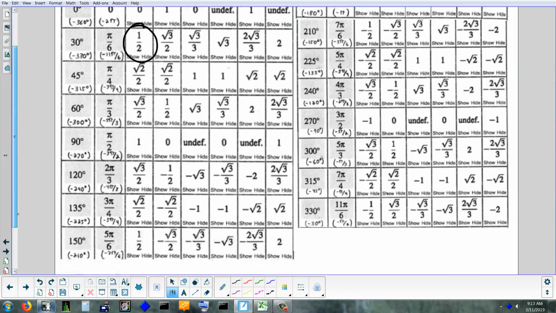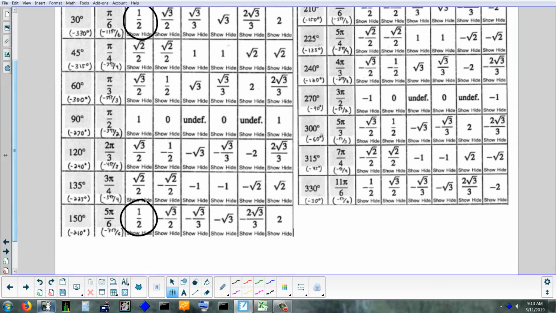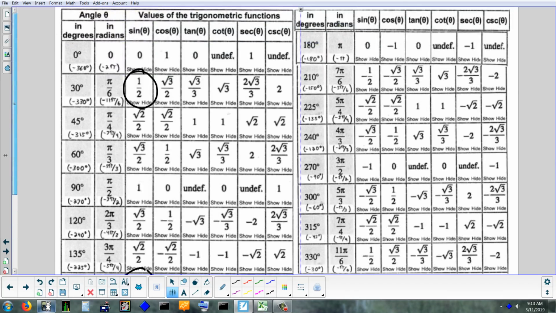Remember we did this. I have to scroll down. 150. We did that one earlier. Came up in two spots. So now, technically, you have four choices you could tell me. 150, -210, 30, -330. Out of the four, which one is it? 30. Why?